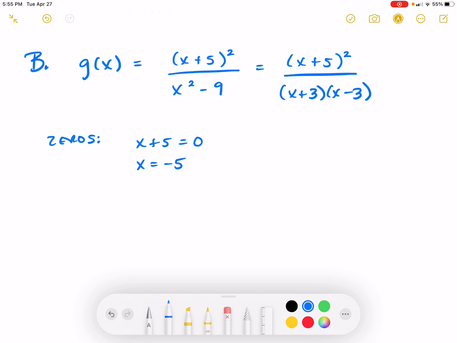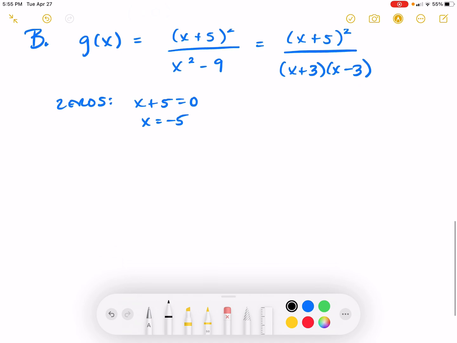Now, yes, that is a multiplicity of 2, and we'll look later and see in this sign chart what implication that has. But for now, we just know that there's some sort of a 0 at x equals negative 5. And I apologize, I'm just scooting this up so I make sure that I have enough room. All right, so x equals negative 5 is where the function equals 0.